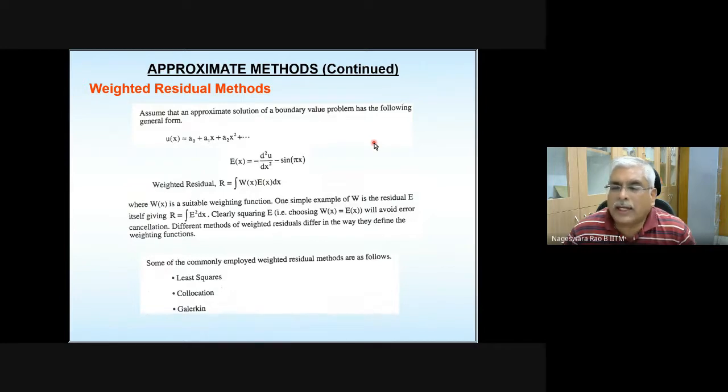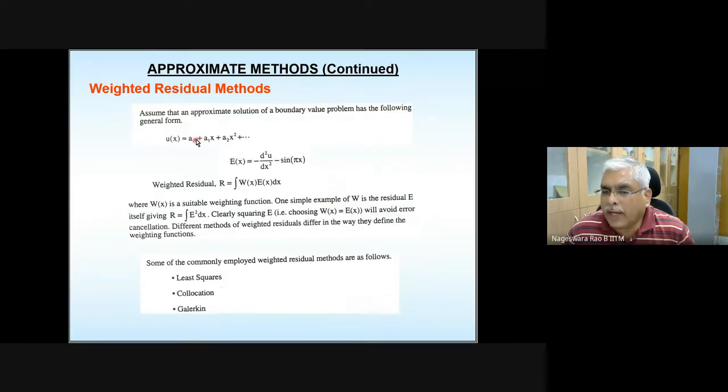You must have studied it as a part of your 12th class mathematics or first year engineering mathematics, so please go back and revise what linear independence is. They cannot be linearly dependent. I cannot have A0, then again A1, then A2 x square, something like that.